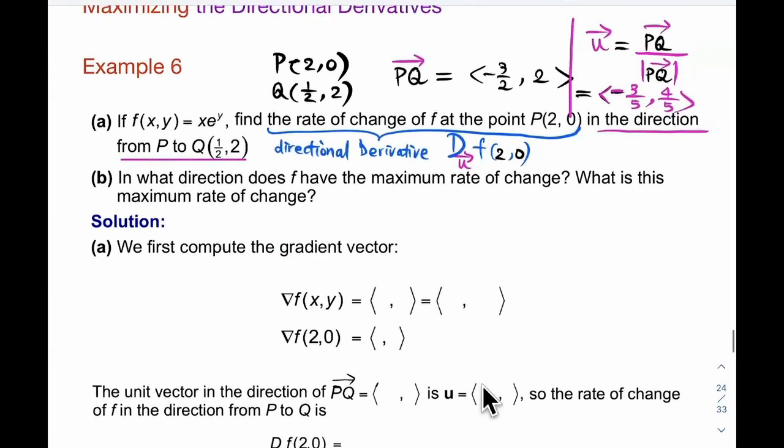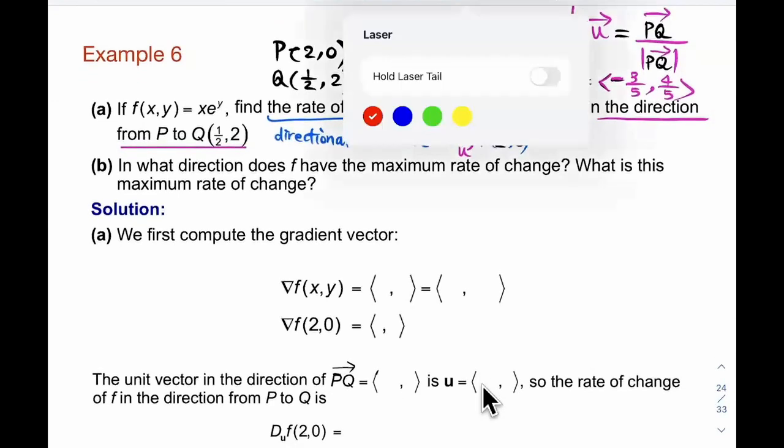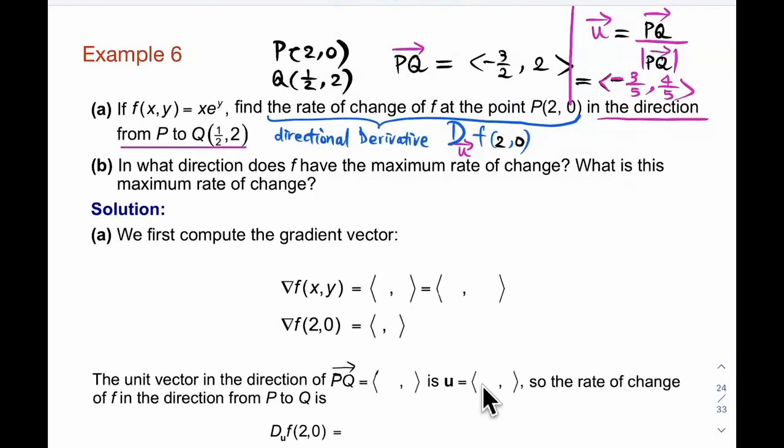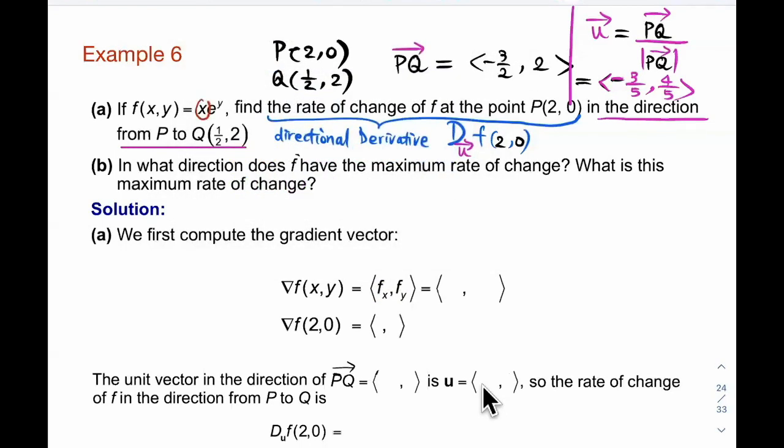What's the gradient vector here? Let's get the formula. The gradient vector of the function has each component as a partial derivative: the partial derivative with respect to x and the partial derivative with respect to y. Let's focus on x, thinking of x as the only changing variable.